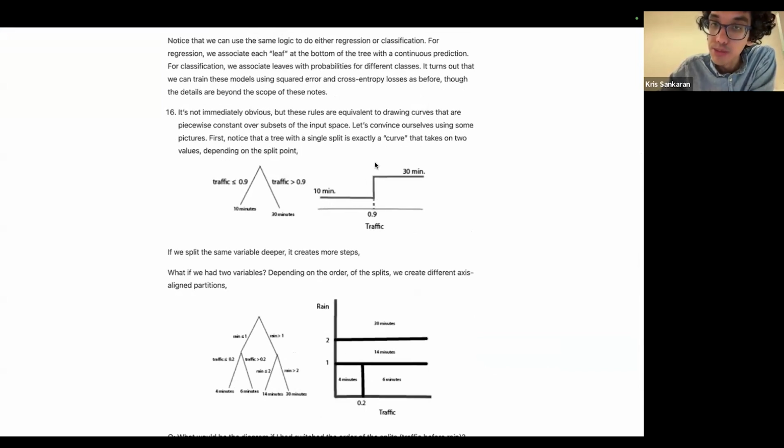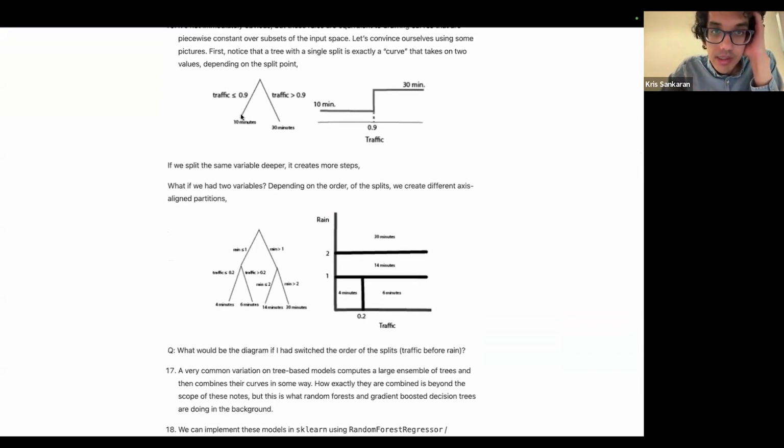So at a threshold, you jump, and then you're constant again. And if you split another time, you can start getting not just a 1D threshold curve, you can start getting these 2D partitions, like rectangles in a higher dimensional space.